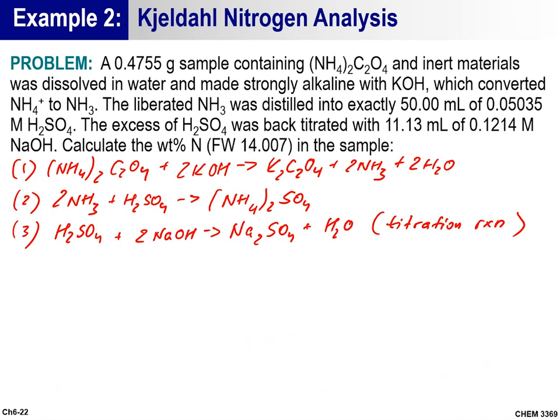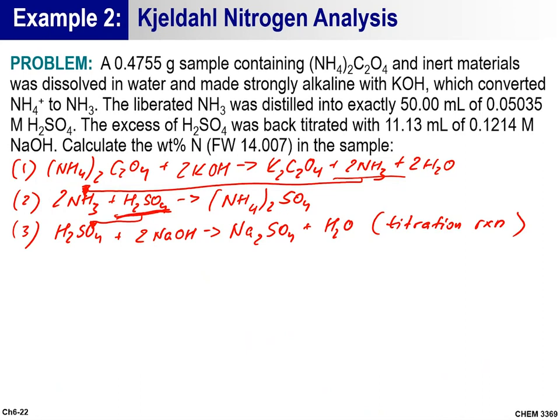So the ammonia that is produced in the first reaction reacts with sulfuric acid, and then the excess of sulfuric acid is back titrated with the sodium hydroxide. Okay.